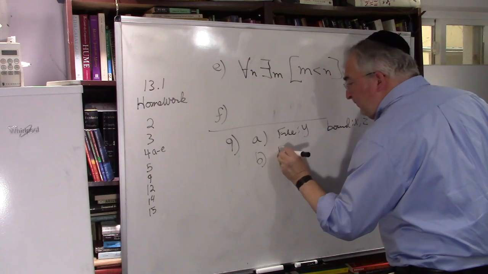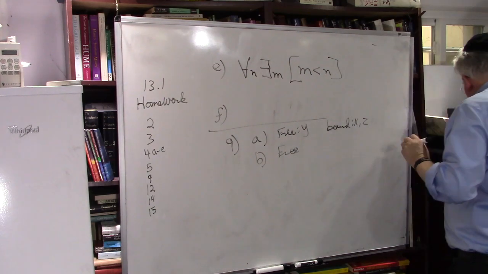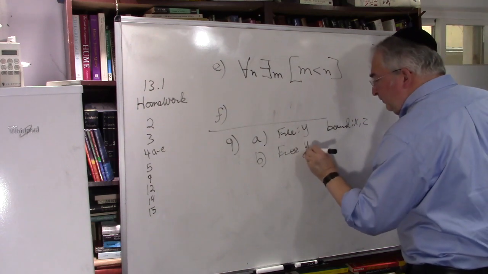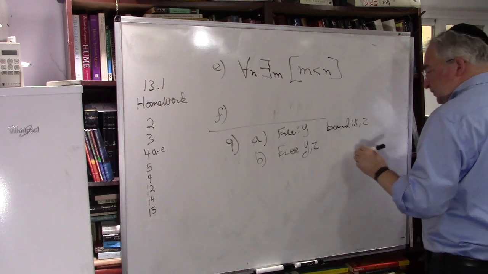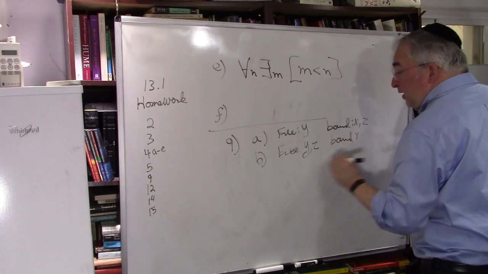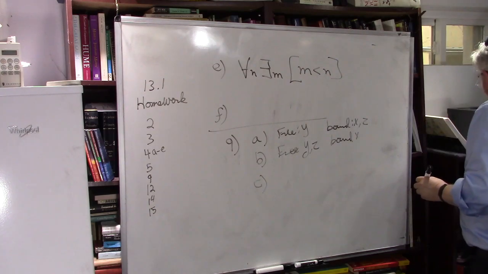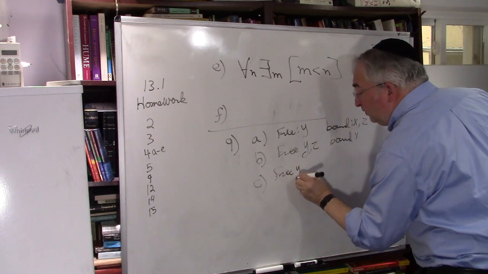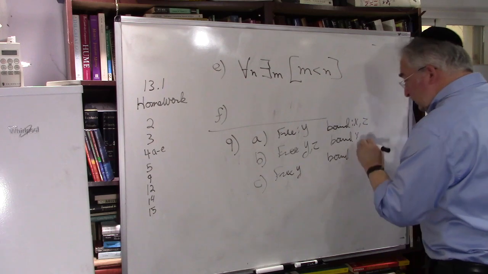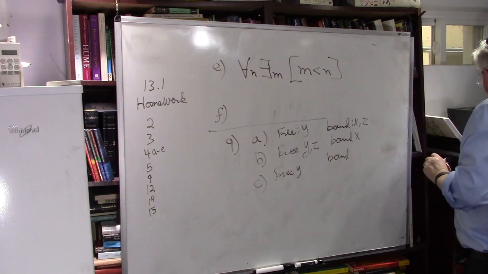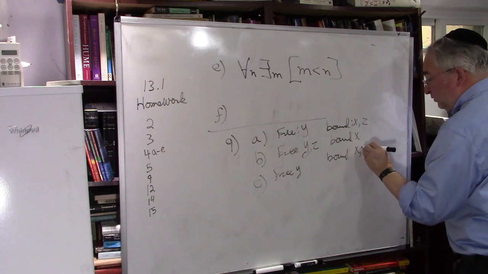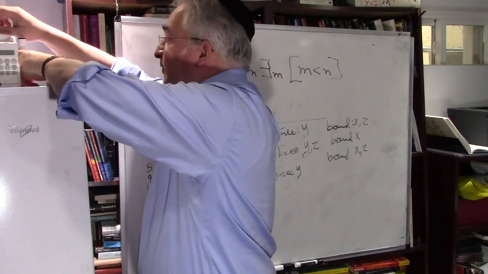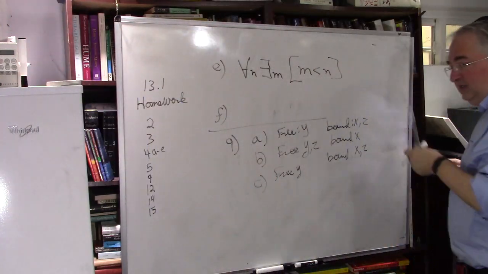So what's free is y and z. And the bound is x. And C: free is y, and the bound is x and z. Okay, that takes care of 9.